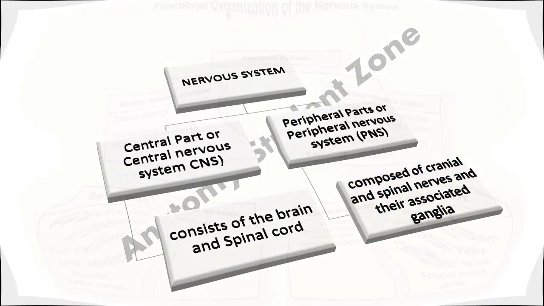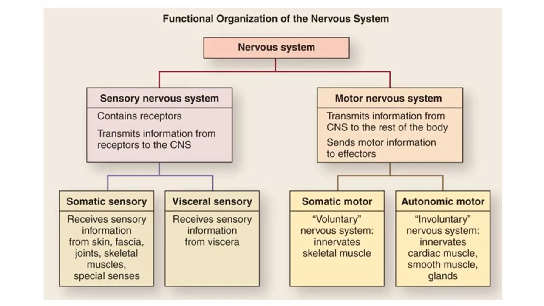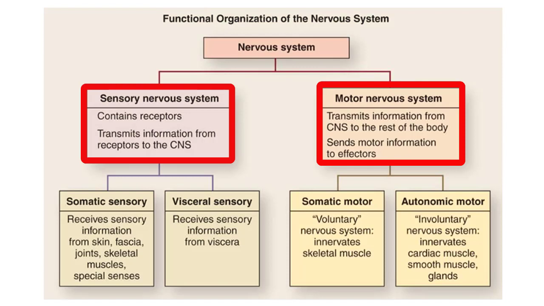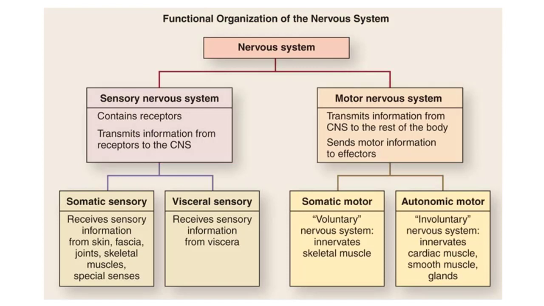When we talk about the functional domain, we know the nervous system has two components: sensory or afferent, and motor or efferent. It is important to know that the sensory component contains receptors, and these receptors sense different modalities of sensation.